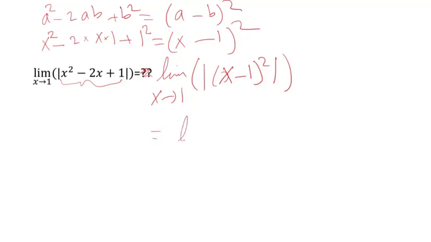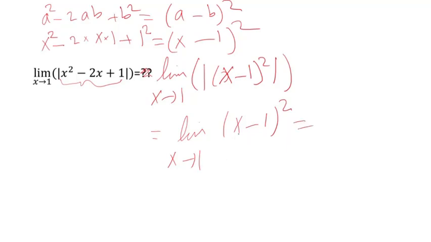So I can just rewrite it as the limit of x minus 1 squared as x approaches 1. Because in this case, I did not evaluate the absolute value in two ways, since the square of something is always positive regardless of the sign, so that's why I took advantage of that.